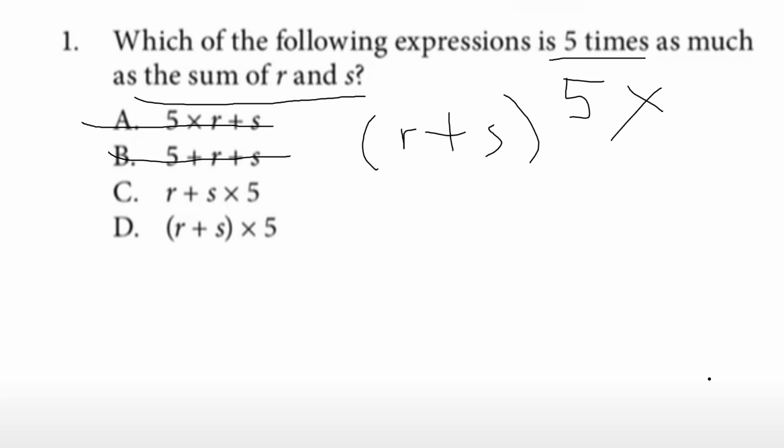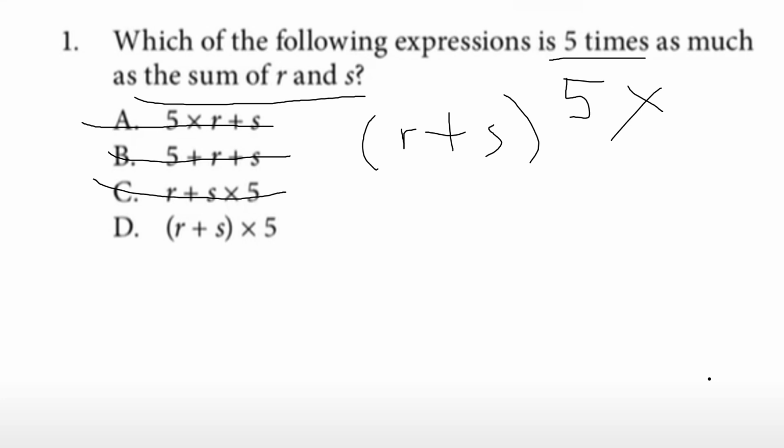Now that's similar to A, so that's not going to work because you're basically just going to be multiplying S times 5 and not 5 times the sum of whatever R plus S is. So we can get rid of C. And the last one, D, is actually what it is.